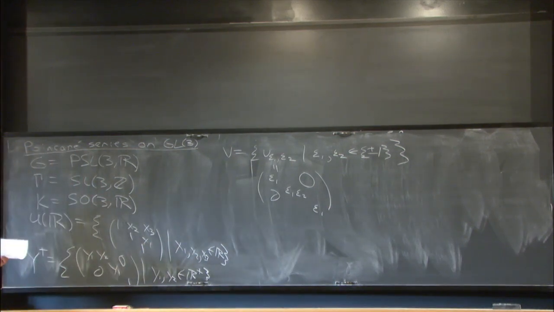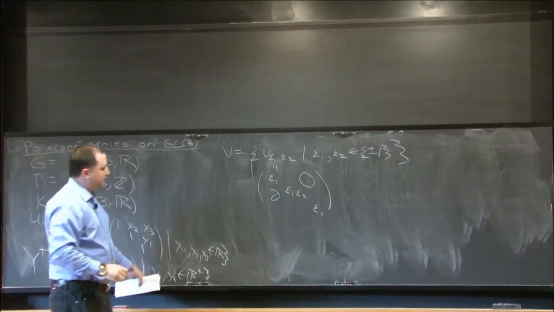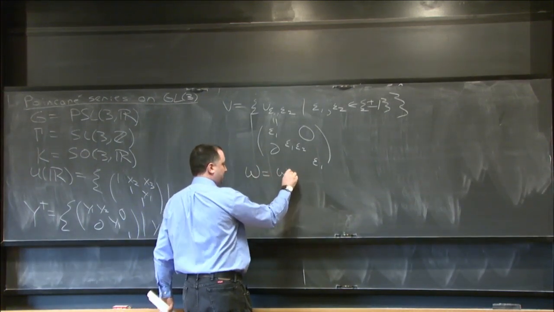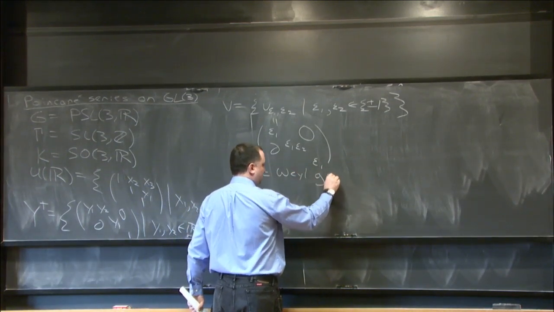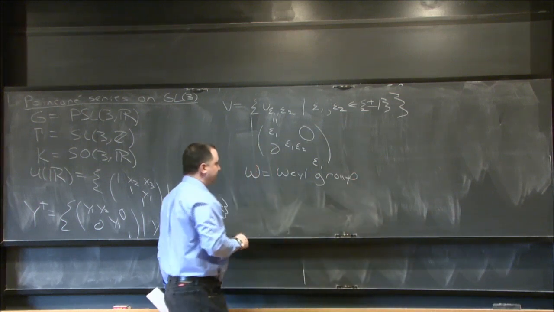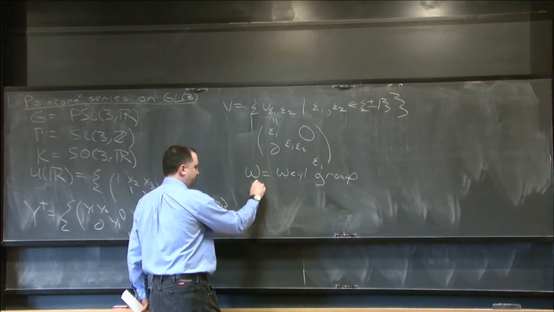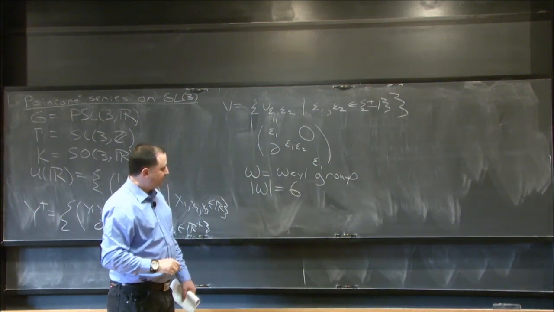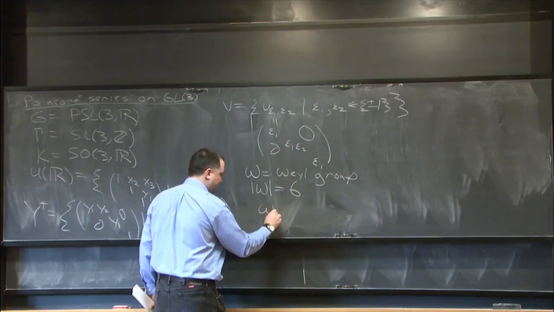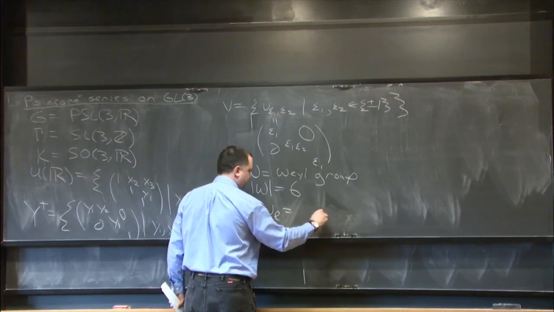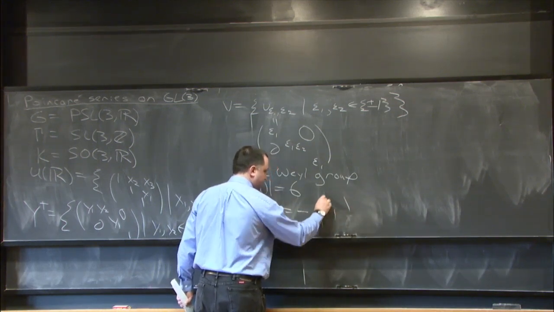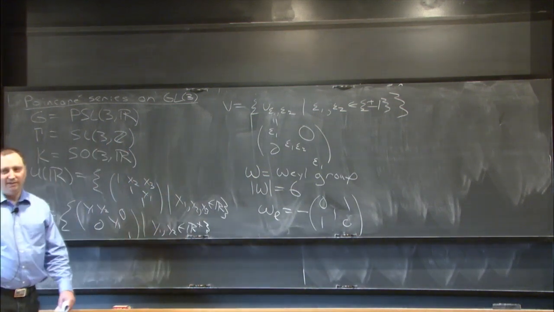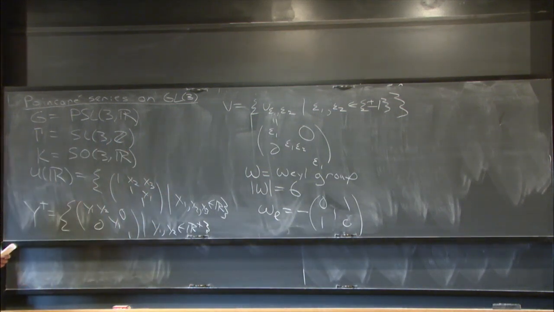And lastly, the Weyl group. There are 6 things in here, the permutation matrices, and the only one that I actually care about right at the moment is the long element. So this is 1, 1, 1, 0, 0, the anti-diagonal thing.